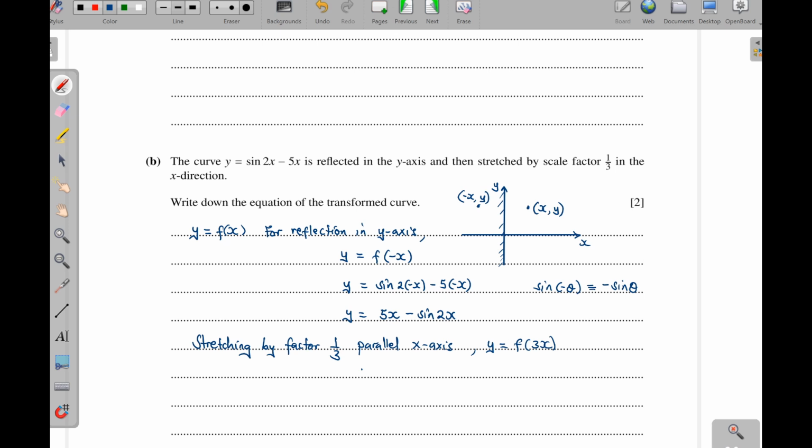Do you see that? A 1 over 3. So it is coming from y is equal to f of 3x.